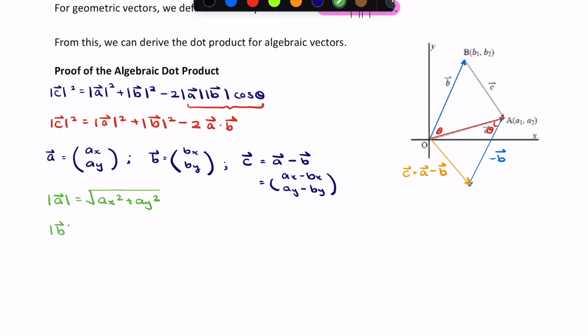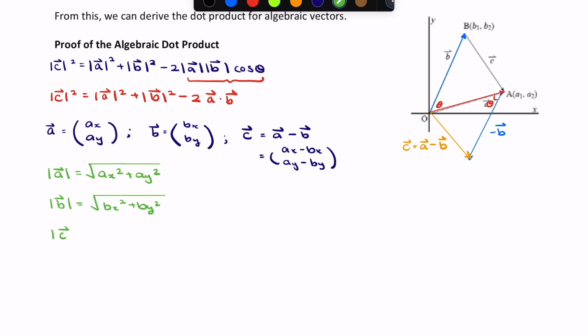The magnitude of vector b, again, will be the square root of the b value of x squared plus the b value of y squared. And then for vector c, it'll be the square root of ax minus bx squared plus ay minus by squared.